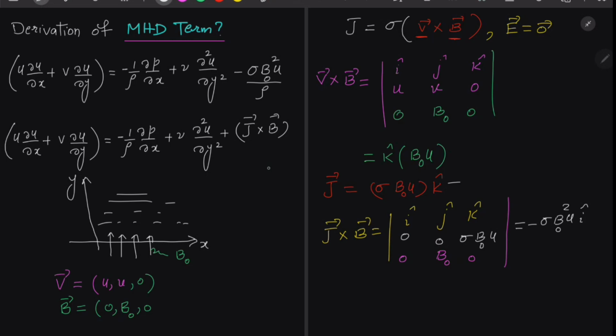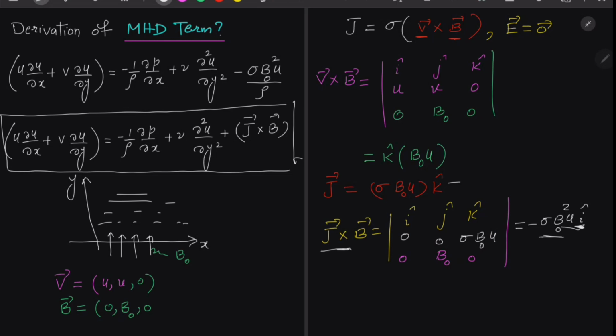So I put that value over here. Since this whole equation is the x momentum, which means that it is acting in the x direction, and this i also shows that J cross B is in the x direction, we just remove the i unit vector from here and simply put that value in this term.